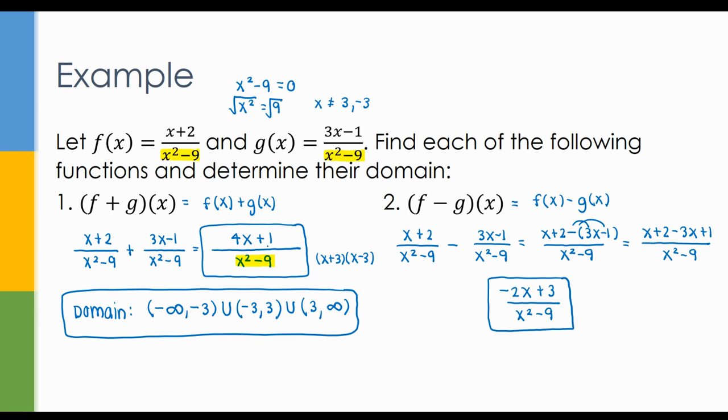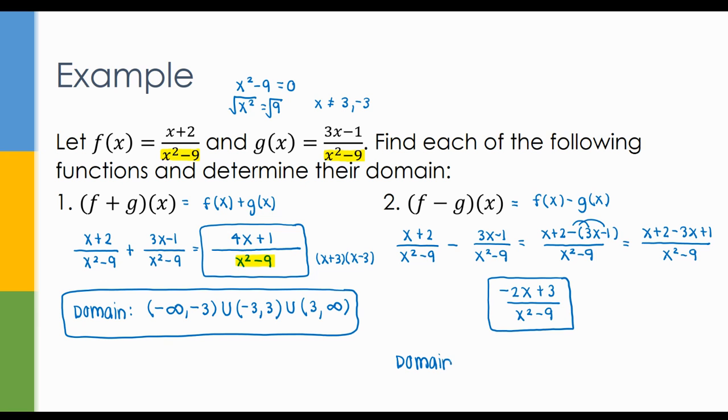In the first one, 4x plus 1, I couldn't factor that any further, and since I don't see that binomial in the denominator, I know I'm done. In the second numerator, negative 2x plus 3, there's nothing in common for me to factor, so I won't be able to simplify that down either. That's why I know that's my final answer.